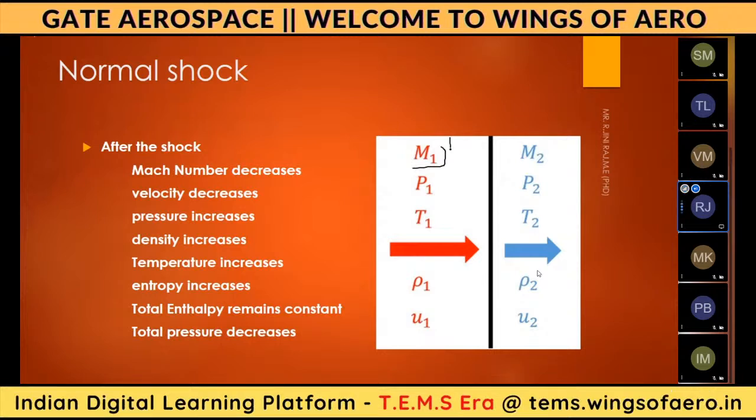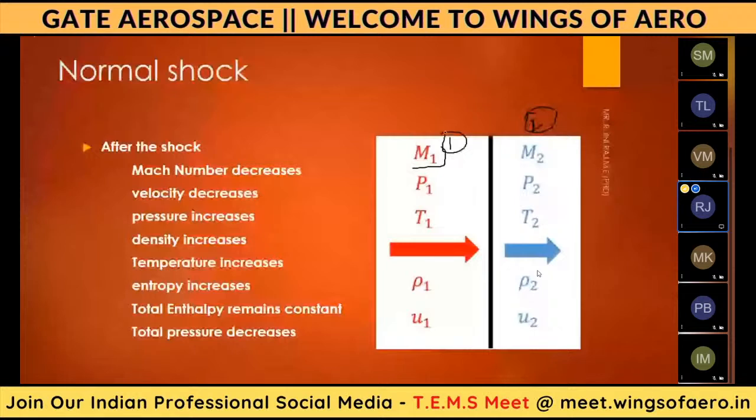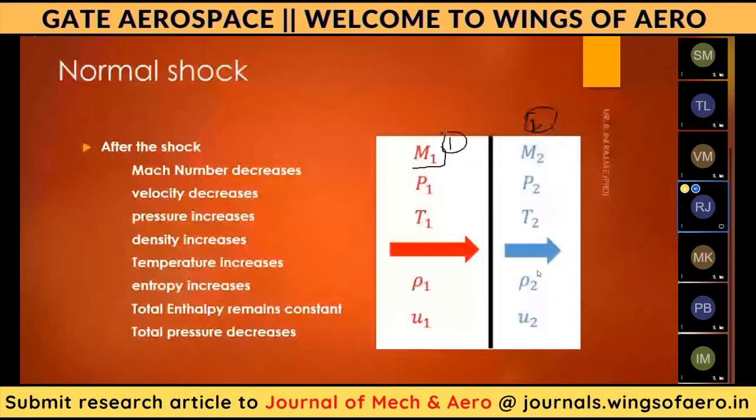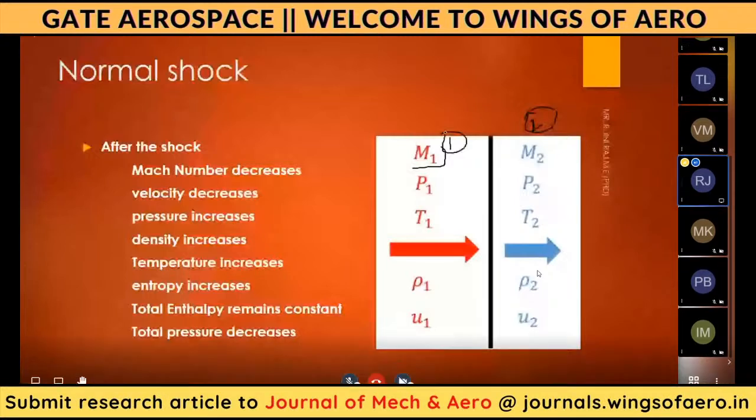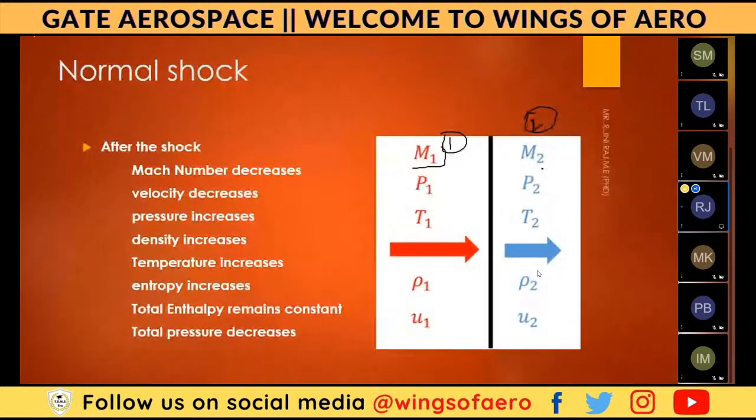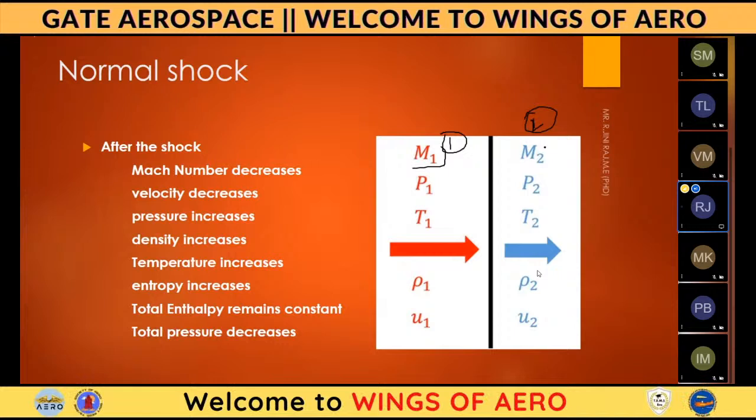In the first region, the flow properties are M1, P1, T1, ρ1 and U1: Mach number, pressure, temperature, density, and velocity. In the same way, after the shock, the properties are M2, P2, T2, ρ2, and U2.